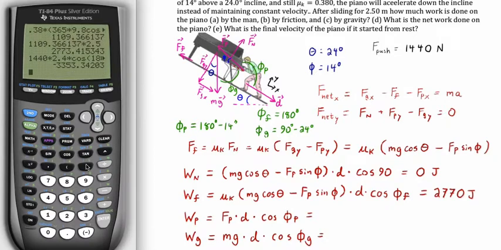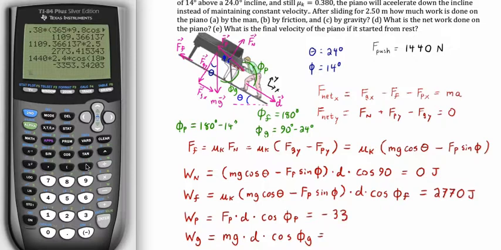Okay, so we have a negative value here. Does that make sense? Well, yes it does, because the pushing force is opposing the displacement, so it will absolutely be contributing to a negative value.